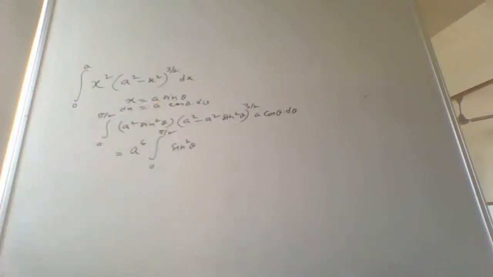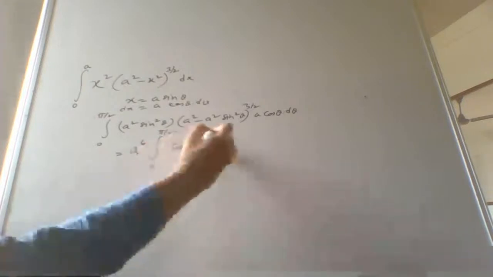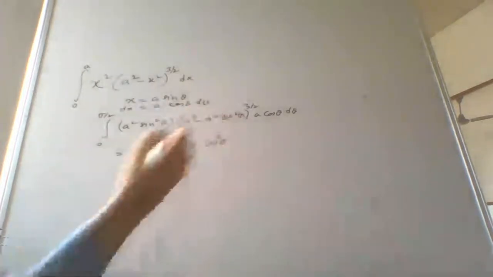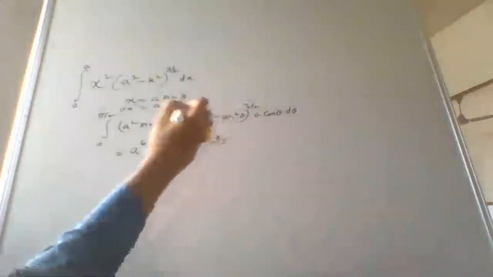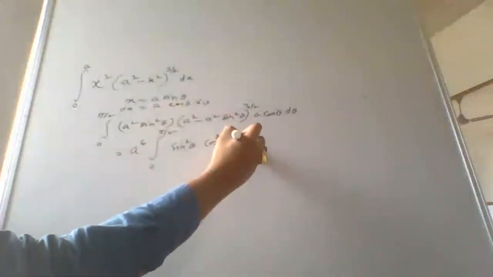Now we have 3 by 2, so on the whole, if I try to simplify it, I get cos cube theta here. If I multiply this, I get cos power 4 theta.